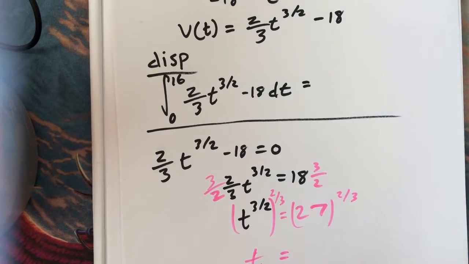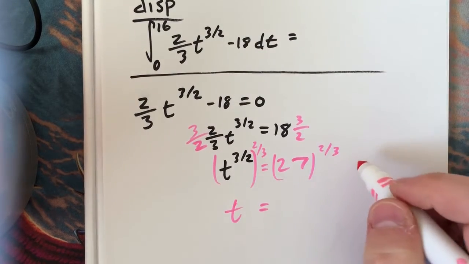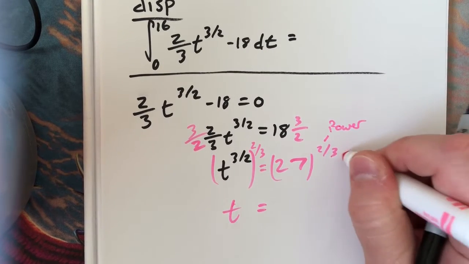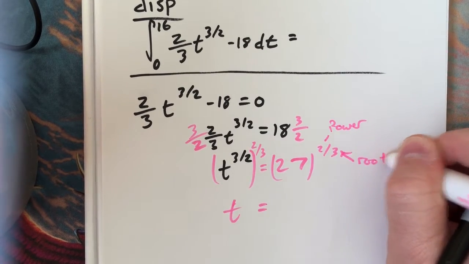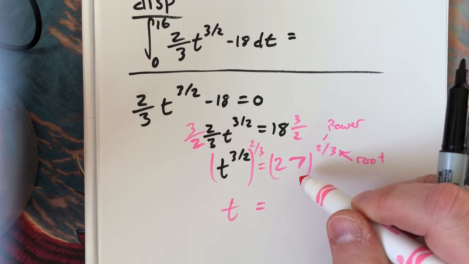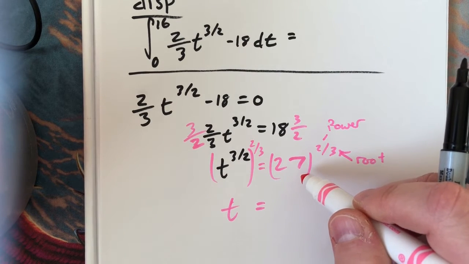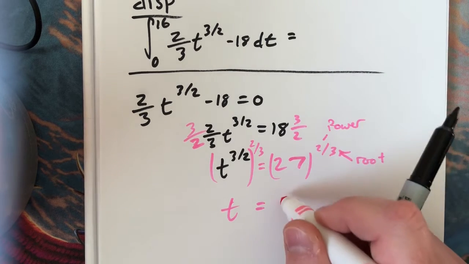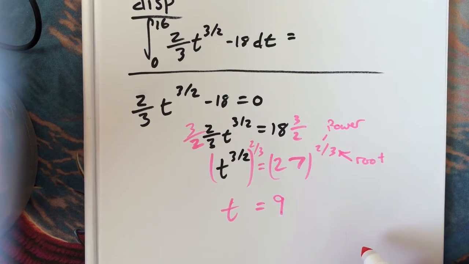On the right-hand side, to the 2/3, remember, that is our power, and that is our root. So third root of 27 is 3. Then take that to the second power is 9. So at t equals 9, we have a transition from positive to negative, or vice versa.